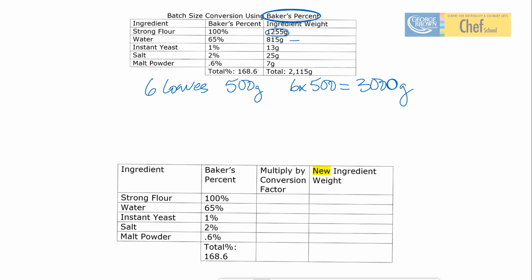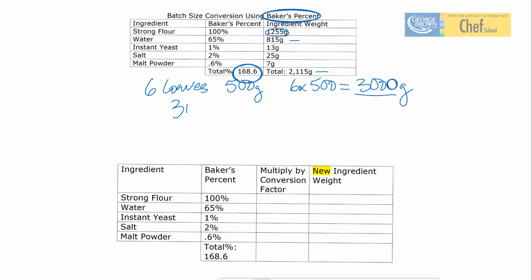So how do we take that 3,000 out of the 2,115 grams? All we have to do is divide our desired batch weight by the total Baker's percent. Remember in the last video I told you always add up the Baker's percent? This is why.